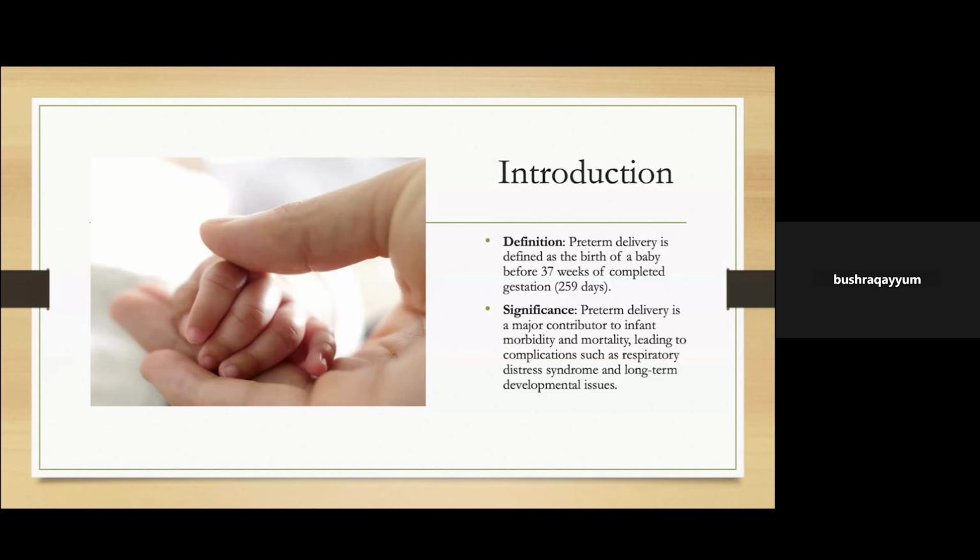Although the death rate linked to preterm delivery has decreased as a result of the use of corticosteroids and advancement in newborn intensive care, preterm infants continue to be vulnerable to significant problems. The condition encompasses respiratory distress syndrome, necrotizing enterocolitis, retinopathy of prematurity, sepsis, intraventricular hemorrhage, periventricular leukomalacia, as well as long-term cognitive and sensory impairments.